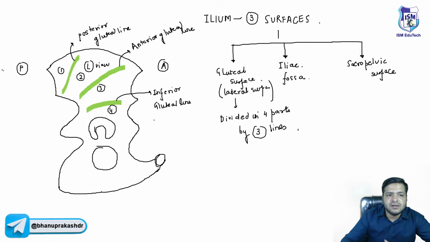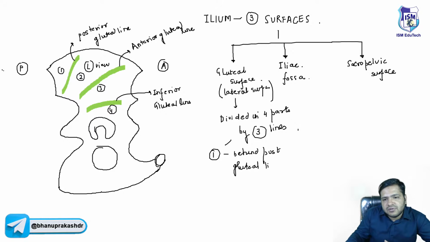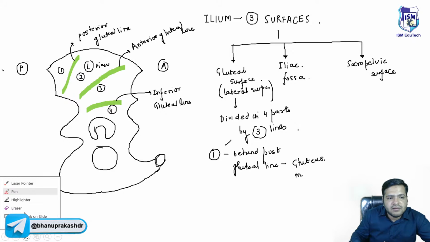So yes, I hope this is clear. Remember in the first part beta, that is behind the posterior gluteal line, basically a muscle is originating, and that is gluteus maximus. Let me write it with red.